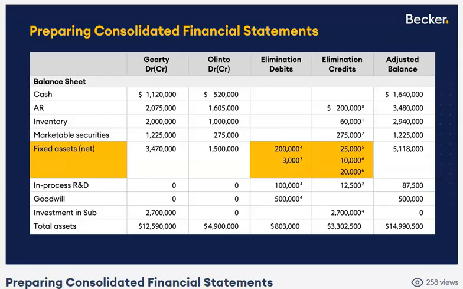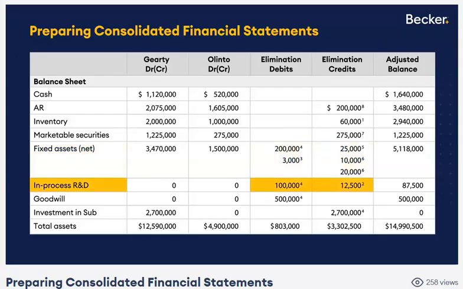You'll notice also the 25,000 is that profit, and we're reducing the fixed assets by that 25,000 overstated amount. Then we're looking at the wrong depreciation. We're looking at that $3,000, and that would be an adjustment to the accumulated depreciation for the wrong amount.